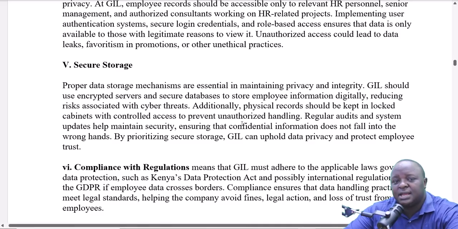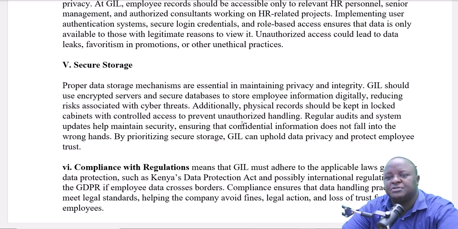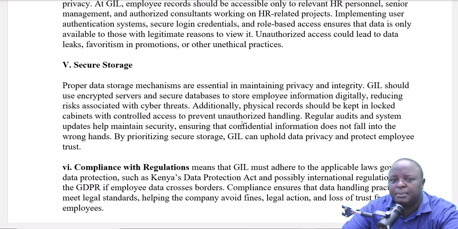We are in an era whereby the world is shifting from storing paper hard copy information. The majority of organizations are moving into storing information in the cloud. So Guild should get a good server system where it can store its information.